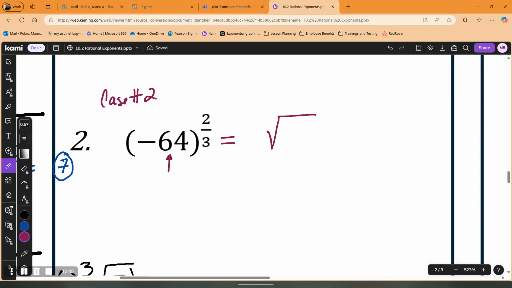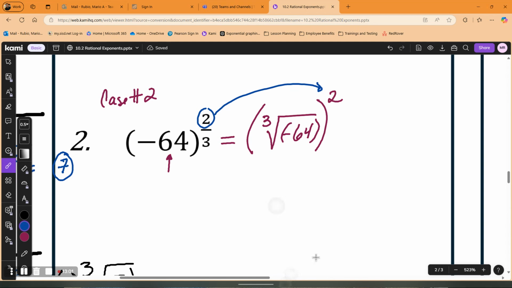We draw the radical symbol, and it goes inside. The 3 goes out here. Draw our parentheses, and then the 2 goes out here. So look, the 2 came out here. The 3 goes here, and the 64 goes inside the radical.